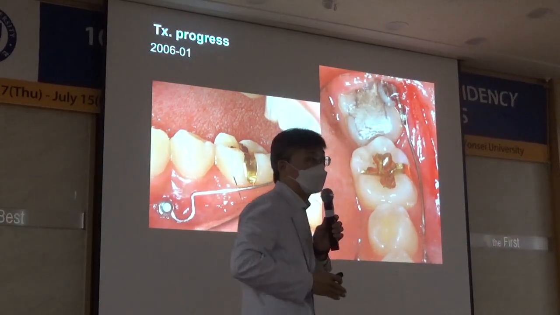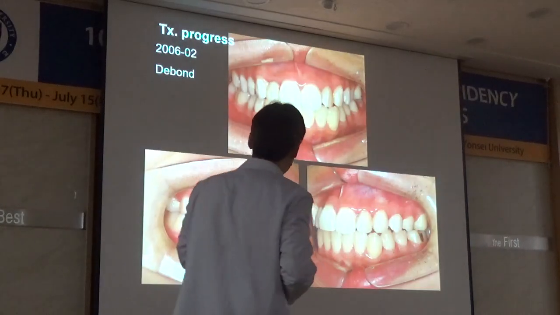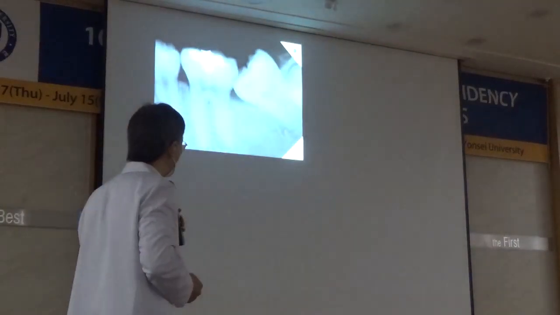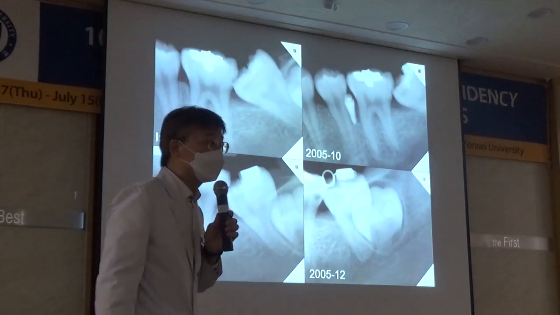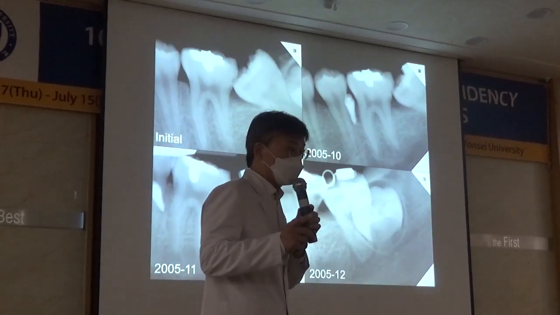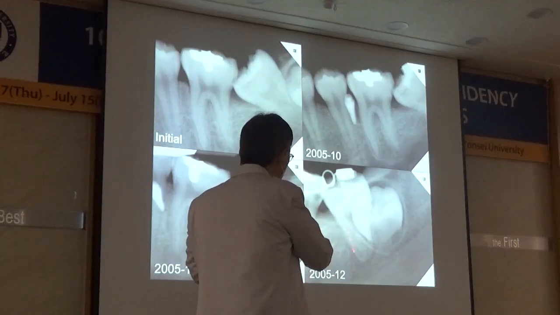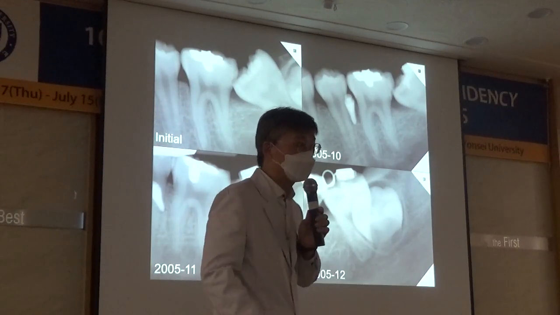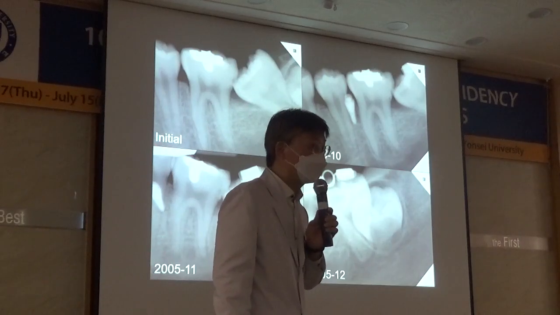This is a sequence of the treatment. You have to be a little more specific. Just because we are running out of time, keep one question in mind. In the first case and second case, we did not pull out the third molar ahead of time. Think about why. There is a reason.